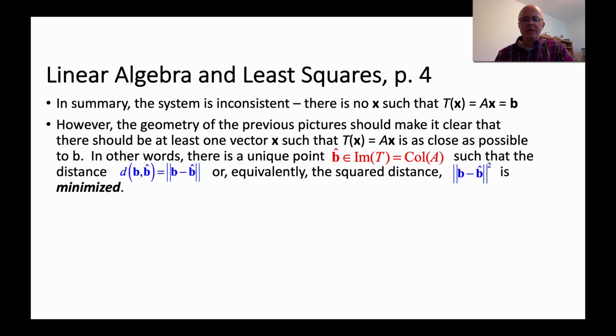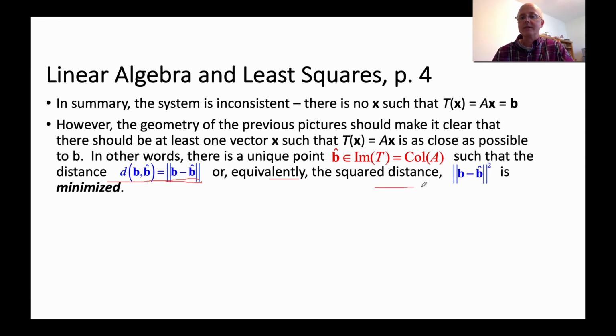Such that there's a unique point, B hat, such that the distance between B and B hat, which you can also write using this notation, the norm of B minus B hat, kind of a generalization of absolute value, the length of the line segment between B and B hat, is minimized.